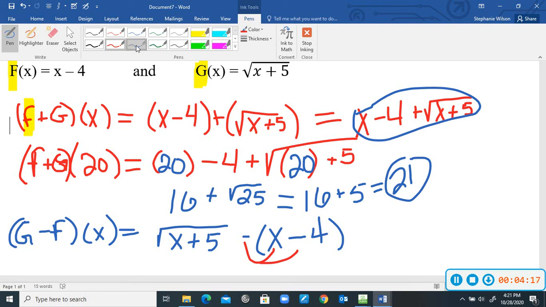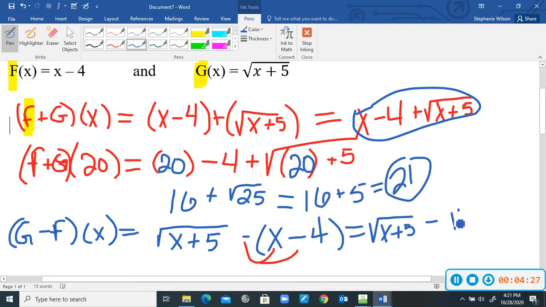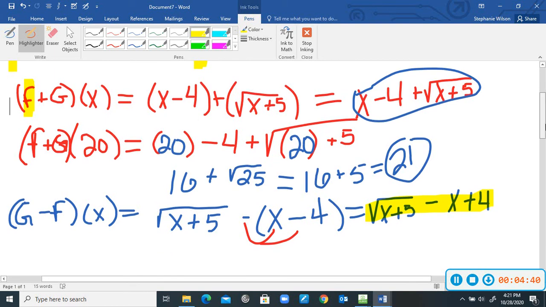I end up with the square root of X plus 5 minus X plus 4. And that would be my answer for G minus F. And we could switch the order and say F minus G, and that means we would list the F first and subtract the G.